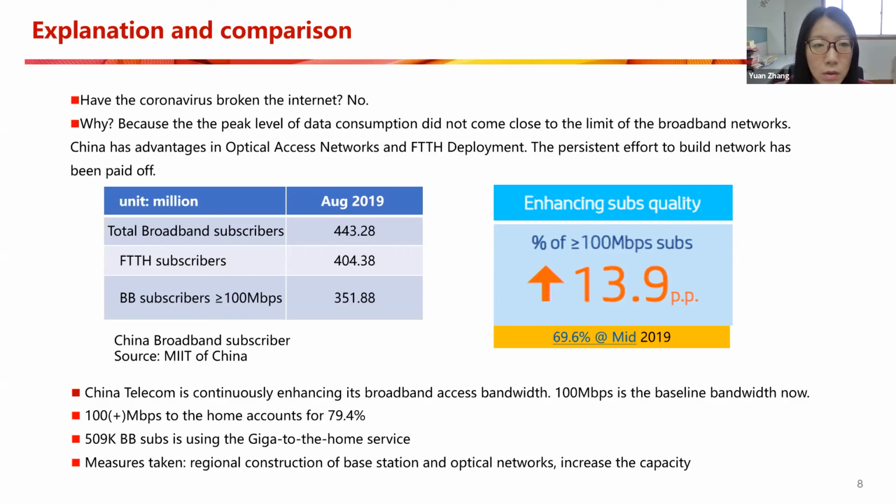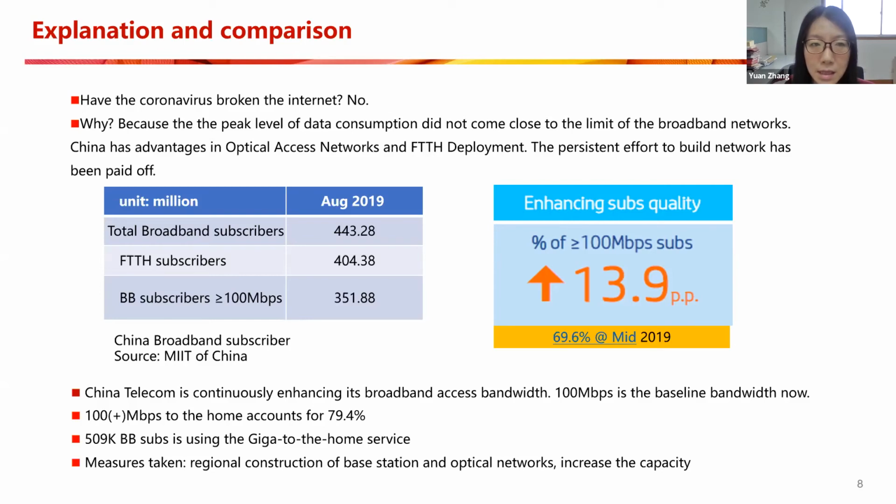The total broadband subscribers in China until last August is more than 400 million, and the fiber to home subscribers also exceeds 400 million, and broadband subscribers with bandwidth more than 100 megabit per second is about 350 million.